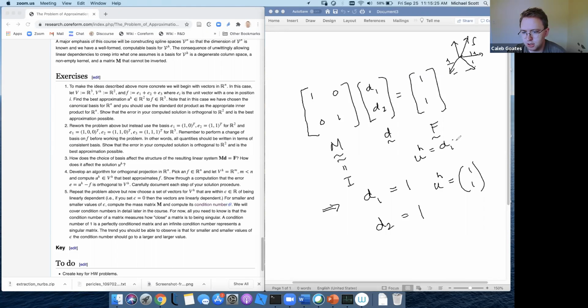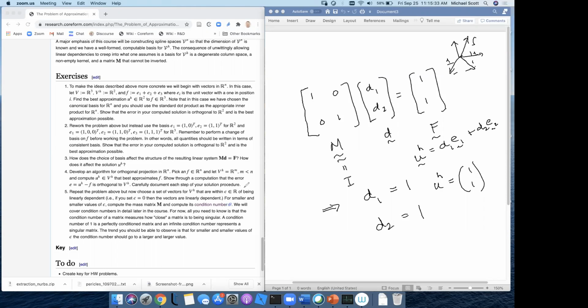So the D's are not necessarily the spatial coordinates. They're just the coefficients for the basis vectors. And that's what you'll see in the next problem, because we'll pick a non-orthonormal basis. So it'll be the same vector, but these components will change because the basis vectors change.